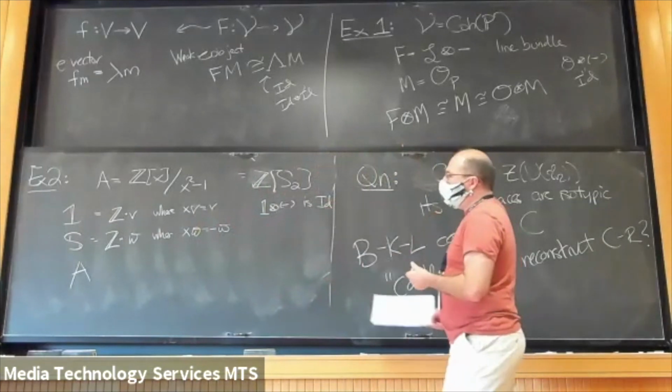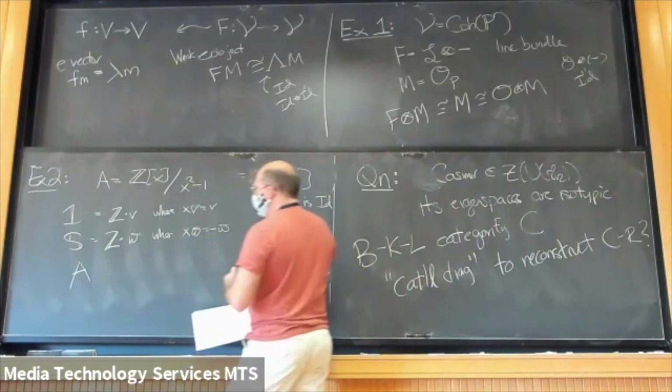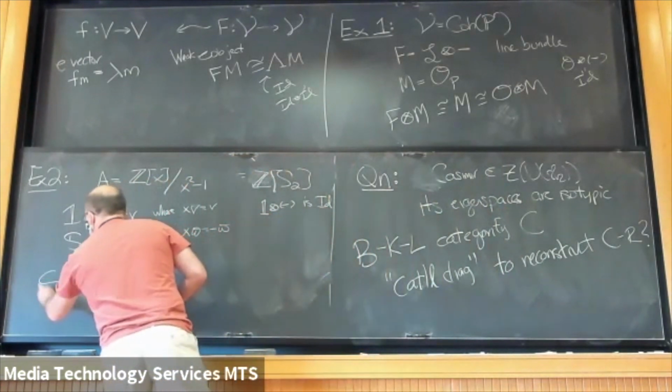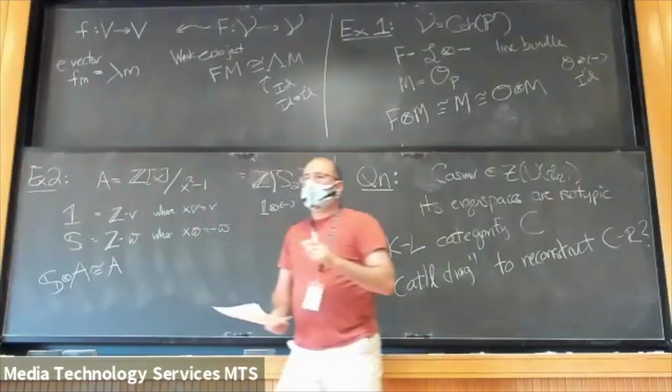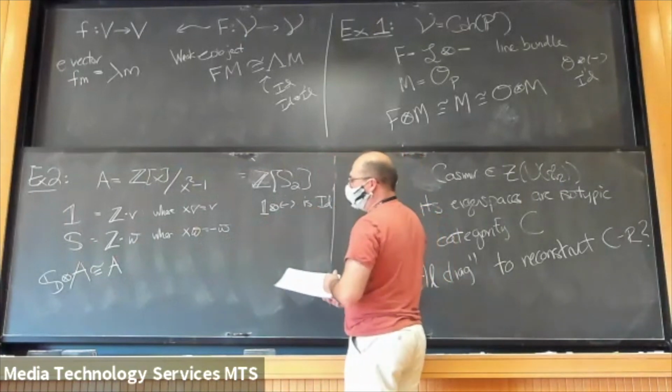And it's a cute little computation where if you look at S tensor A, that's just A. So tensoring with S has A as an eigenvalue.